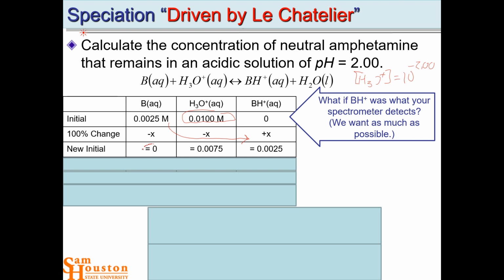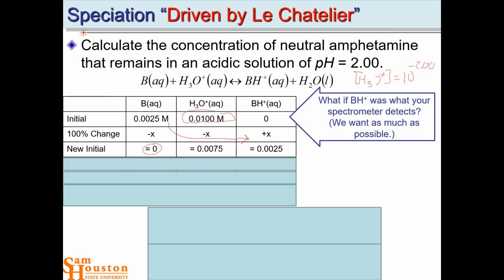And if this goes all the way to 0, then what is x? 0.0025. And so if I have this minus 0.0025, I get that, 0.0075. And this plus 0.0025 gives us 0.0025. So that is not an equilibrium calculation, that's a new initial. You see what I'm writing there? New initial. I've thrown it all the way to the right.